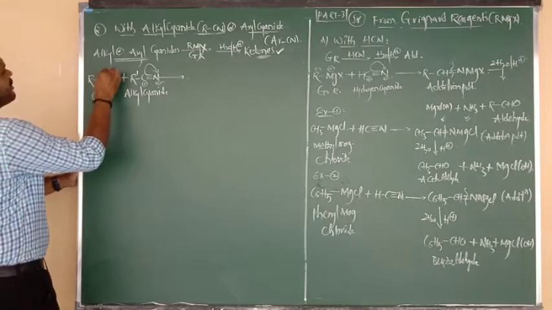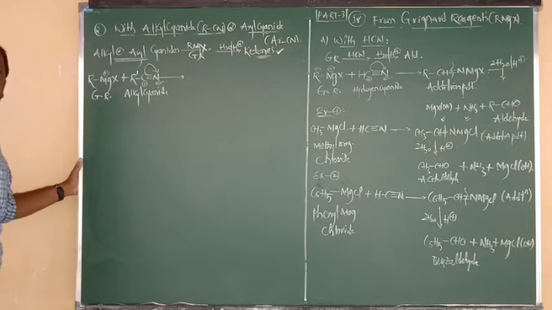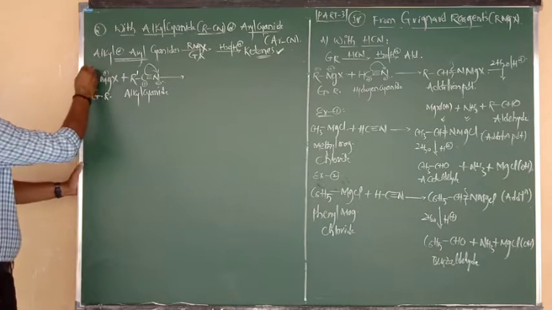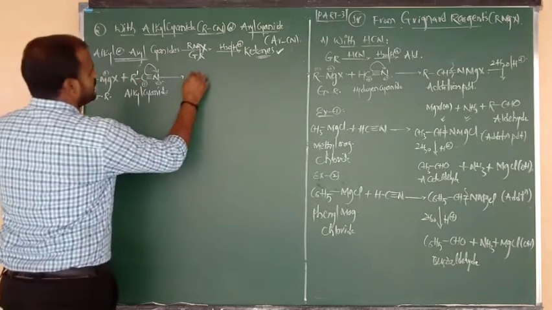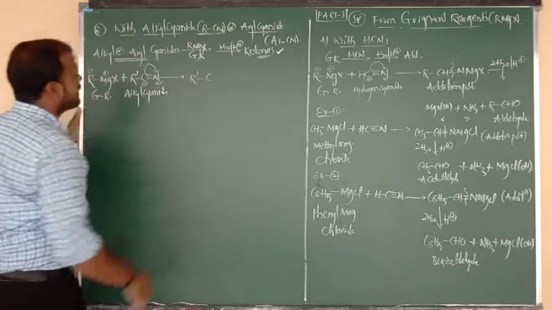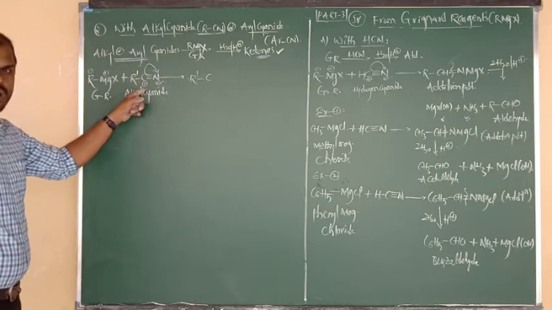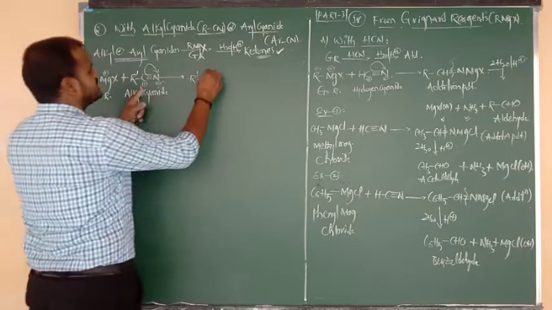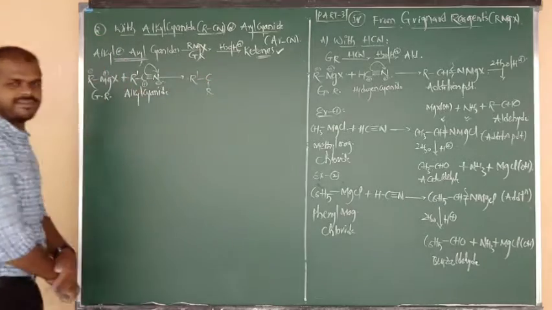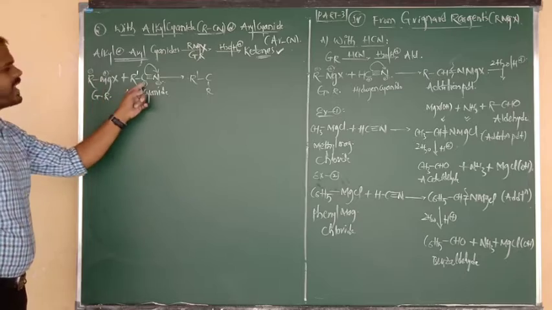In Grignard reagent, Mg is positive and R is negative. R prime is bonded to C. C contains the positive charge and is attacked by the negative R, R minus attacks upon C plus.